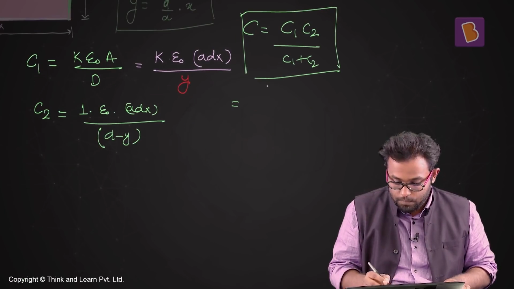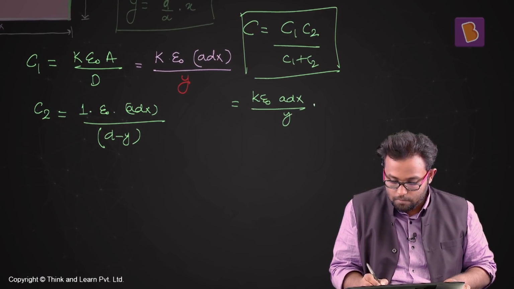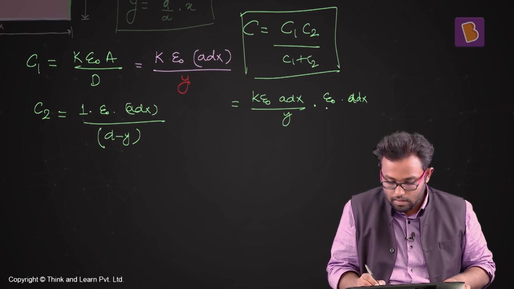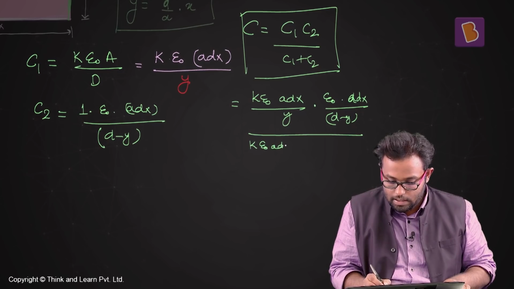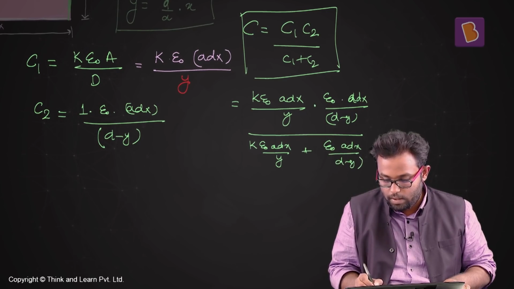That will be equal to C1 is K epsilon naught A dx by y, C2 is equal to epsilon naught A dx by d minus y, whole divided by C1 is again K epsilon naught A dx by y plus epsilon naught A dx upon d minus y, right?